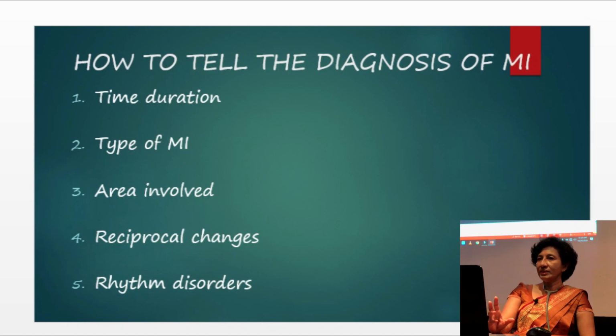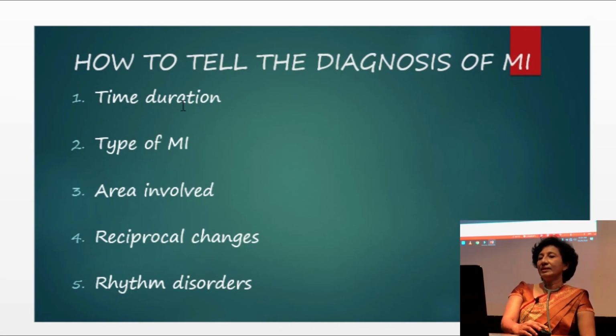Now, after learning all those things, after interpreting the ECG, you should be able to tell the diagnosis properly to get 100% marks in the exam. As well as it will be very important to manage the patient as well.